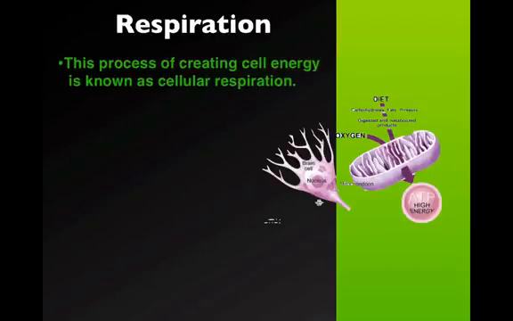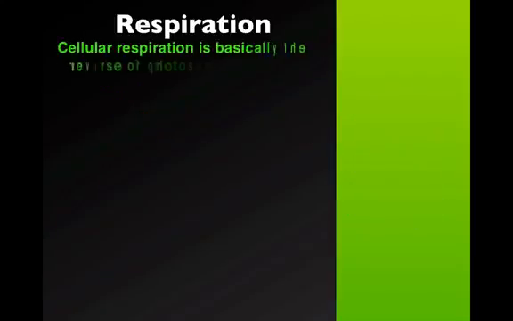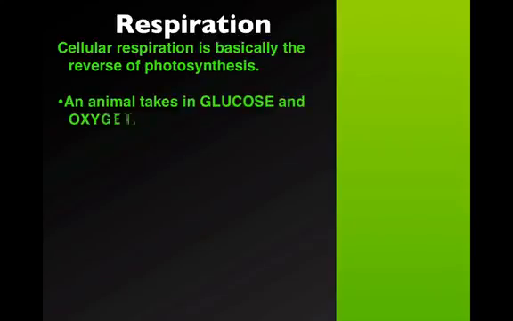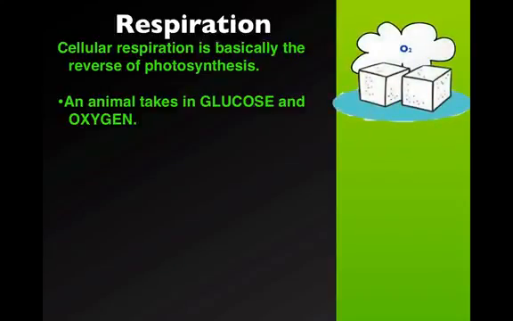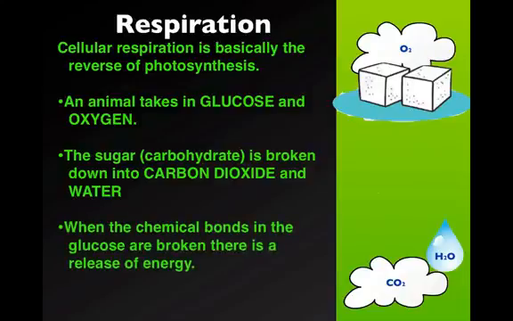So this is what's known as cellular respiration. And it takes place in all living things, including plants. So like I said earlier, this is basically the reverse of photosynthesis, okay? An animal takes in glucose and oxygen, and it breaks it down into carbon dioxide and water, and when it does that, there's a release of energy.